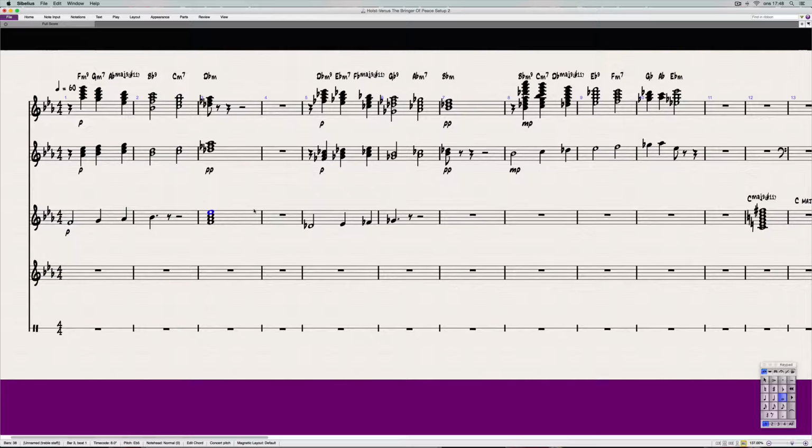Then we got an E flat, and finally a G. So what this spells out, if we just take the top four notes of this F minor ninth, we get an A flat major 7. So it's part of the same triad stack.